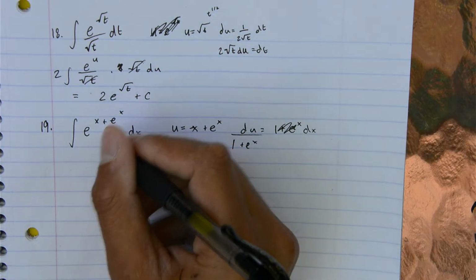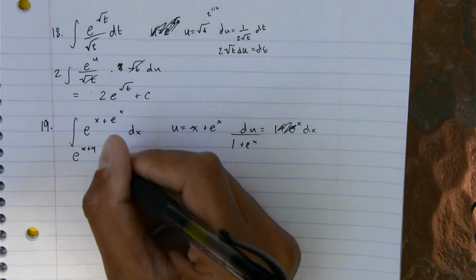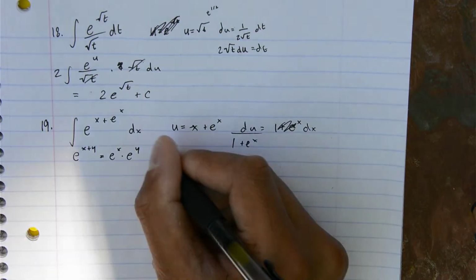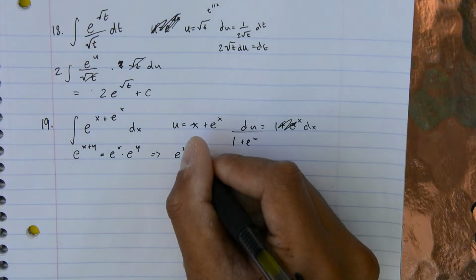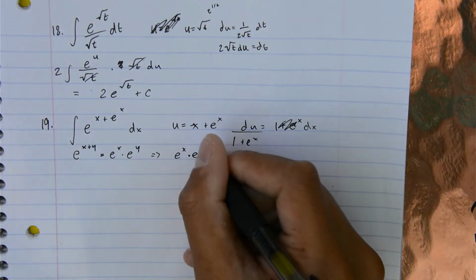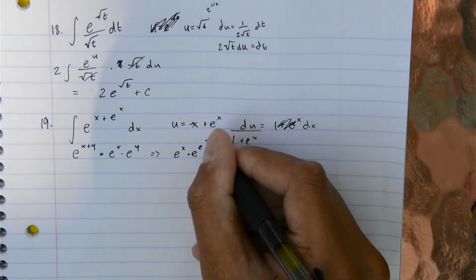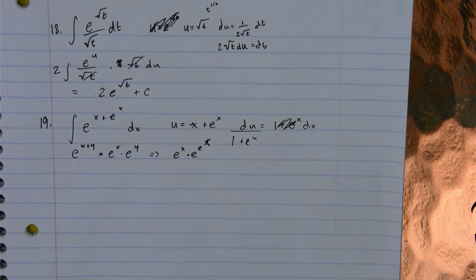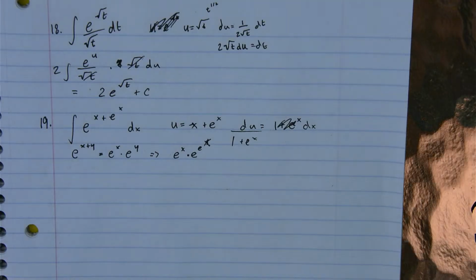Isn't e to the x plus y equal to e to the x times e to the y? So then we could rewrite this as e to the x times e to the y, or e to the x. I'm gonna think about that.